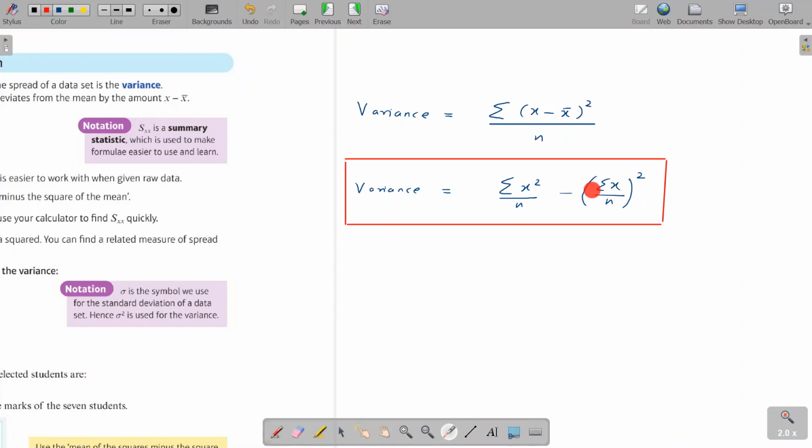This is for a discrete data set that does not have any repeated values, so there is no frequency. It is not used for a frequency table. It is used when the data set is given to you straight, with commas, with each data point given individually.